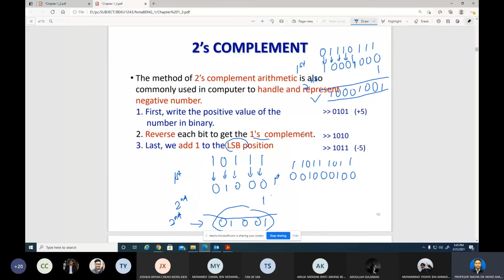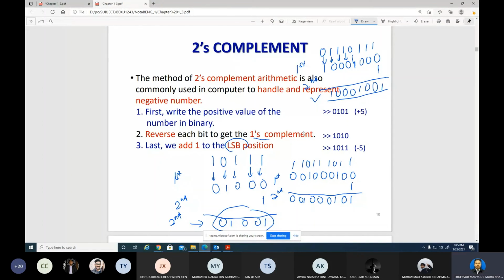Then for the second complement, we add 1 at the least significant bit, remember, the last position here. Then 1 plus 0 will be 1, giving 0 0 1 0 0 0 1 0 1.